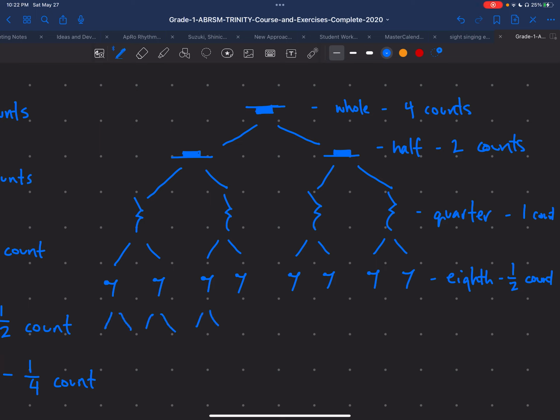Then we can divide those in half again, and we'll have our 16th rest. The 16th rest looks just about like the 8th rest, but this time it's a 7 with another little tick on it. So we have an 8th rest, and it has another flag on the end, or in the middle. So we have 16th rests.